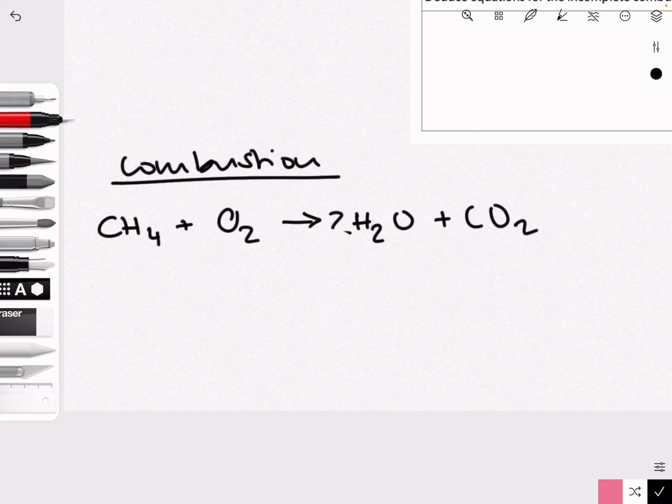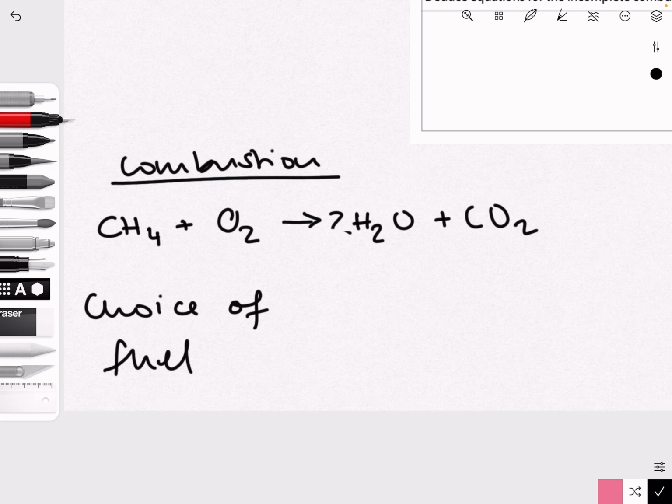In terms of your choice of fuel, you can choose your fuel depending on its specific energy, which is the energy released from a fuel over the mass of the fuel consumed.